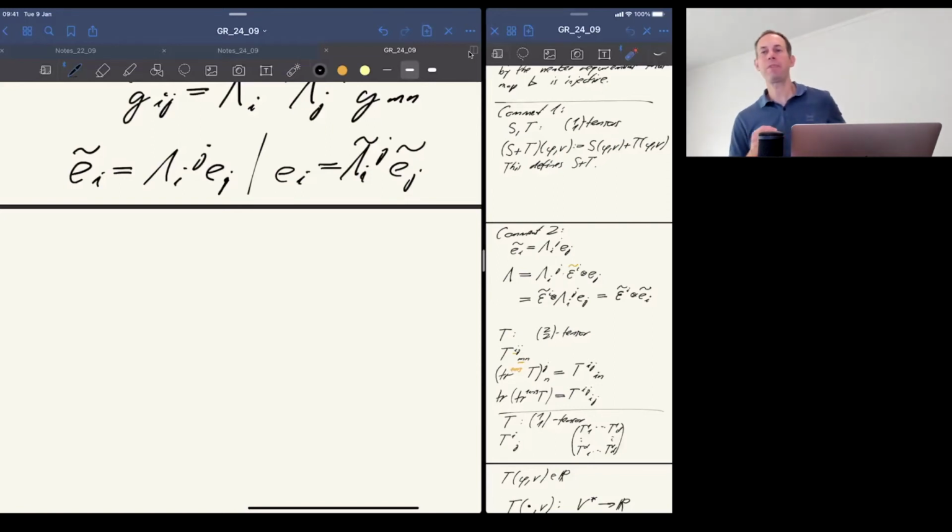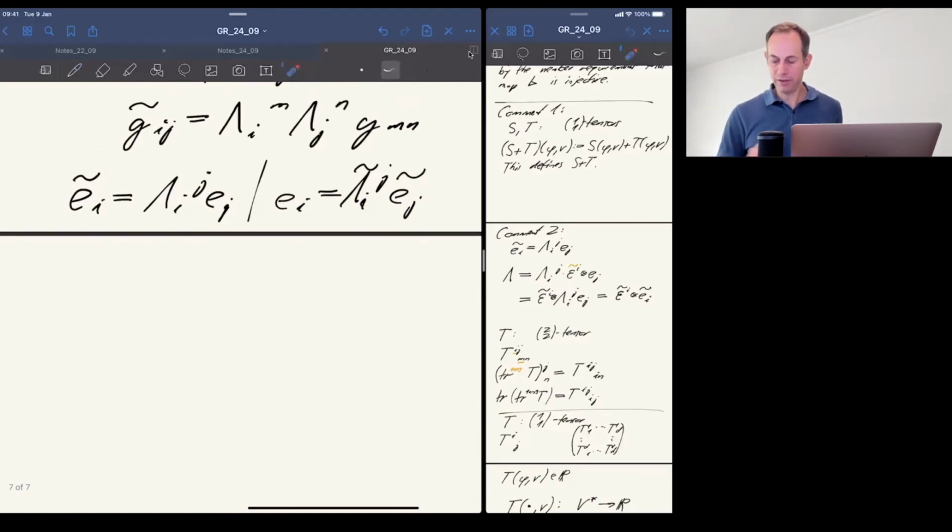We have said that in the vector space, in the basis, e_i tilde is equal to lambda_ij e_j. And then in the dual space, epsilon_i is lambda_ji epsilon tilde_j.